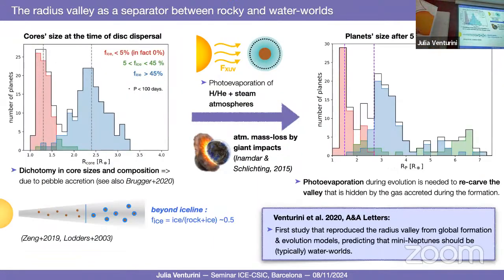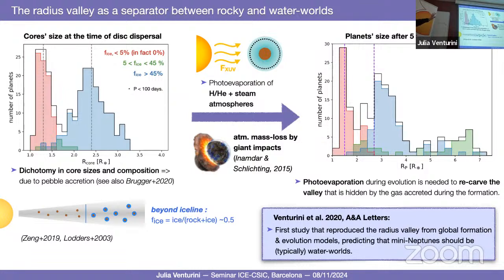If we plot it in terms of sizes of the core, then it gets really interesting because we really reproduce the bimodal size distribution. So at the end, this dichotomy during the growth given by the pebble accretion is providing hints to reproduce the radius valley.